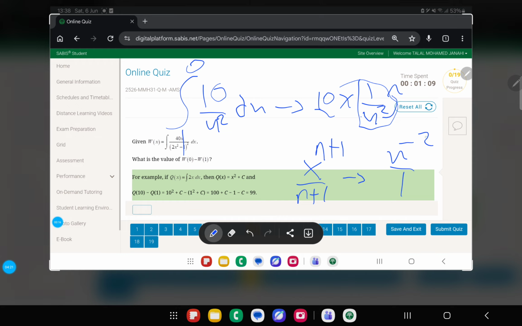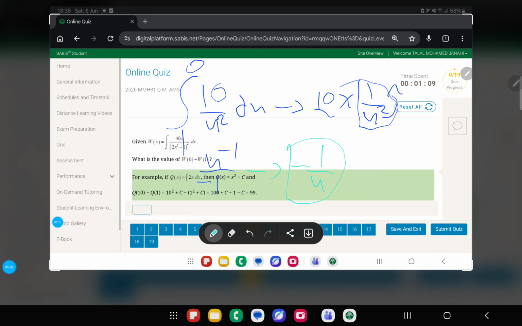For the power plus 1, you add 1 to it: -2 plus 1. So you end up with u to the power of -1 over -1. Now you bring the u to the power of -1 down, since we already integrated it. So you get -1 over u to the power of 1, but we just don't put the 1. So that's the integration of 1 over u squared.